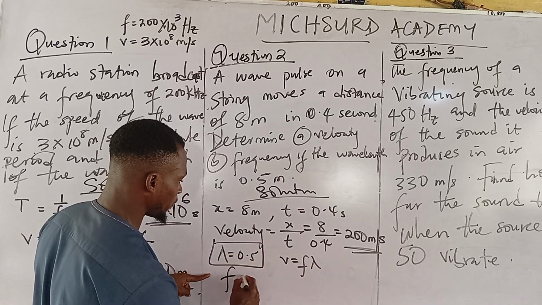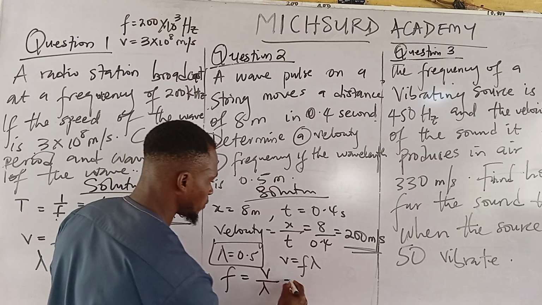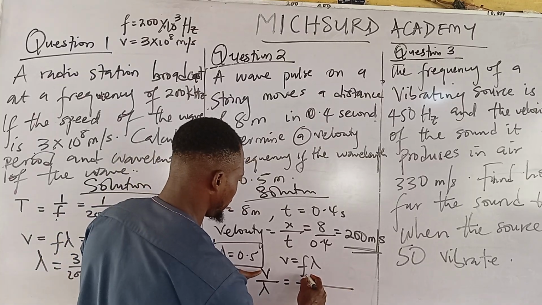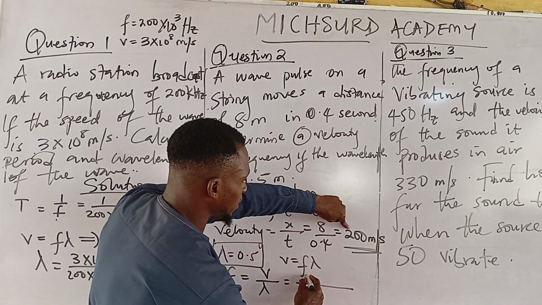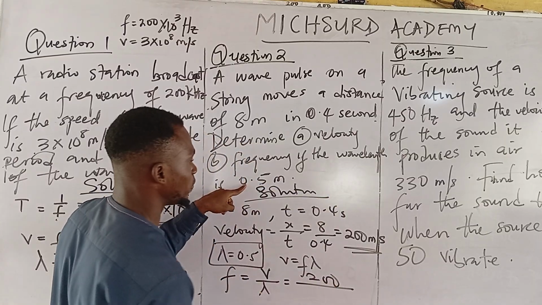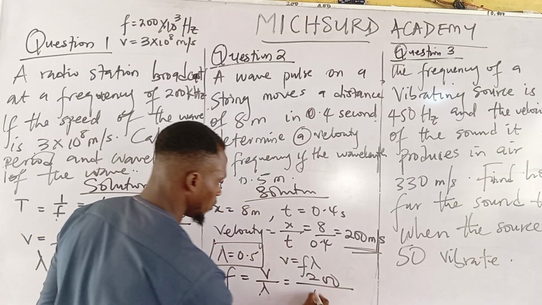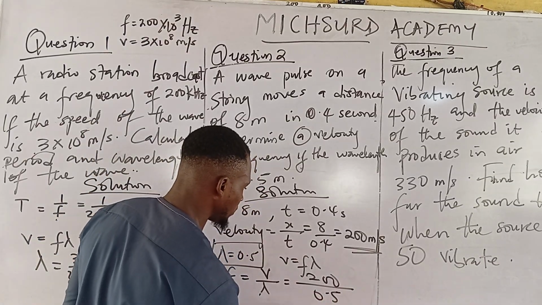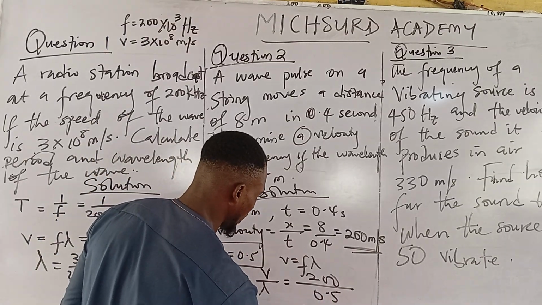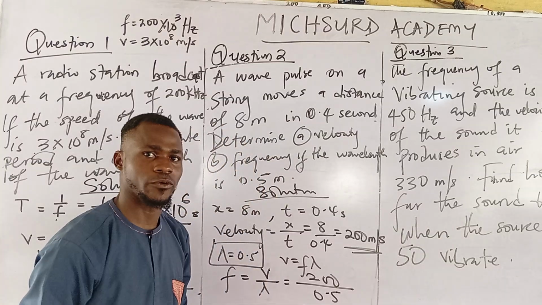That means F will be equal to V all over lambda. If I substitute, we have V, which is the velocity we calculated as 200, divided by lambda, which was given in the question as 0.5. If you divide, this will give you 400 hertz. So the frequency is 400 hertz.